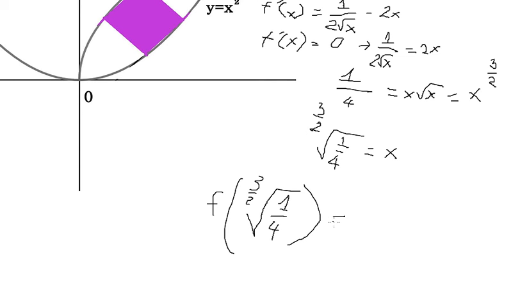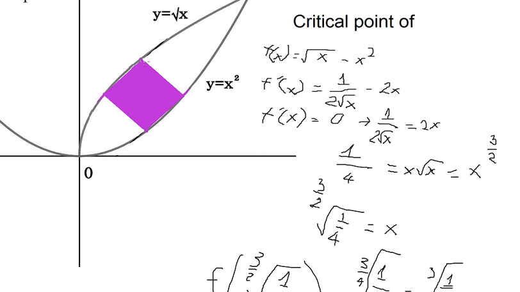So you get 3 over 4 of the root of 1 over 4 minus the cubic root of 1 over 4. So we just calculate this diagonal in here.